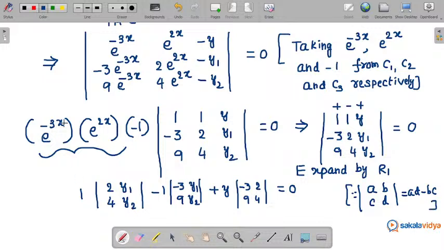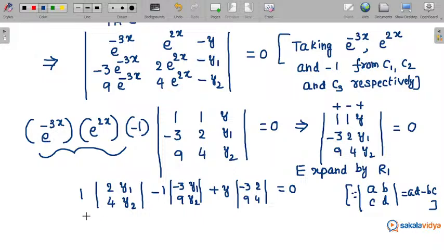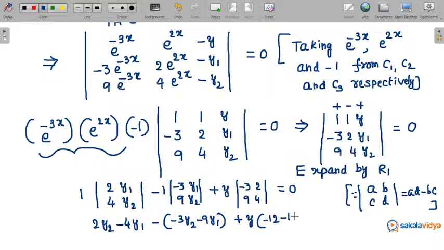So now we can expand like this: 2y2 minus 4y1, so negative of minus 3y2 and minus 9y1, plus y times minus 3 into 4 minus 12 and minus 9 into 2 minus 18 equals 0.